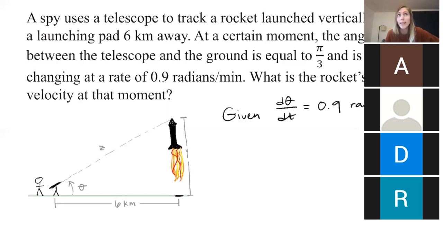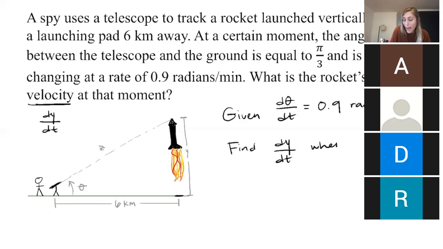How fast y is increasing with respect to time, because we know y is going to be increasing. So I'm going to let velocity be represented by dy over dt. So we are trying to find dy over dt when theta is equal to pi over 3.